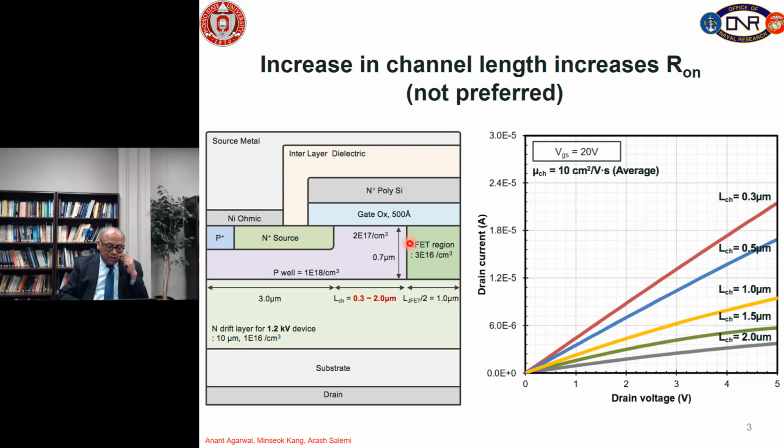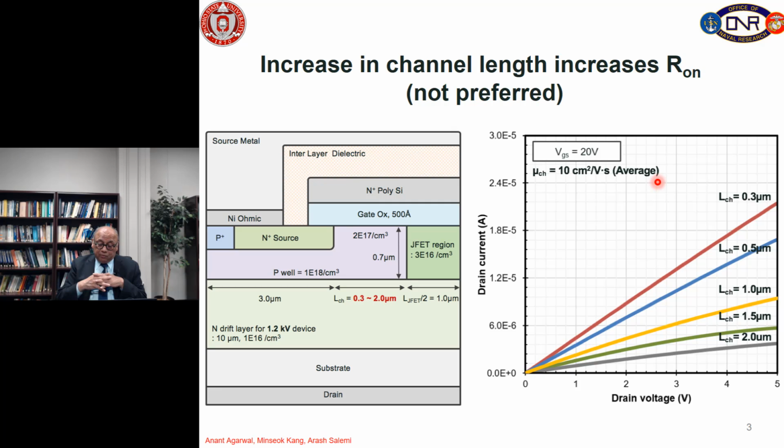So, increasing the channel length is a bad idea, and that is why most of the vendors are using 0.5 micron channel length. And the reason is, of course, that the electron mobility is only 10 centimeter square per volt second. In silicon, that is like 400.